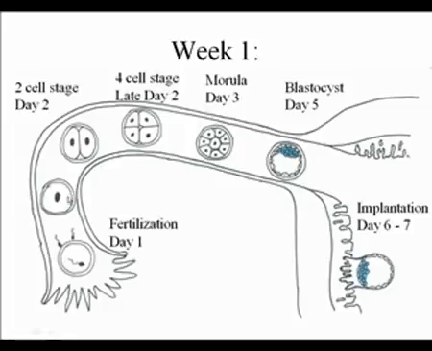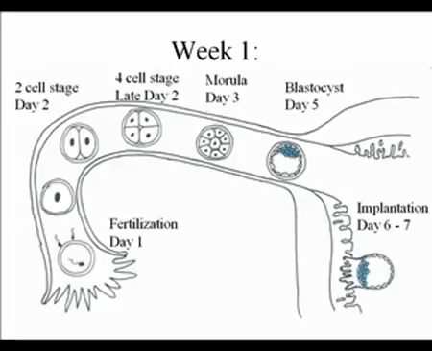The oocyte, the fertilized egg, is going to undergo cleavage, and that includes a reduction division where we now will end up at day 2 in a 2-cell stage. Both of these cells are smaller than the original fertilized egg.